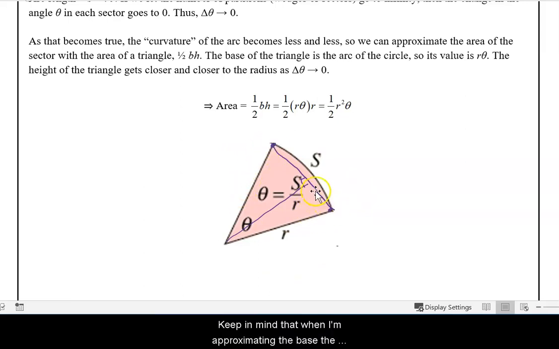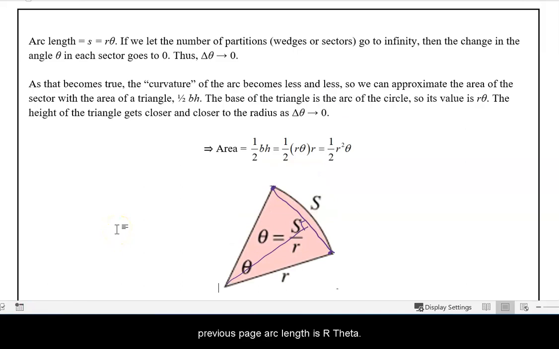Keep in mind that when I'm approximating, the base is actually approximating the arc length. And we can look at our formula again from the previous page. Arc length is r theta. That means I can replace the b, the base of the triangle, with r theta.